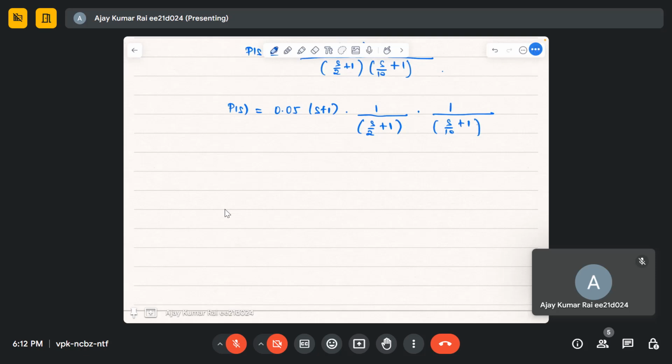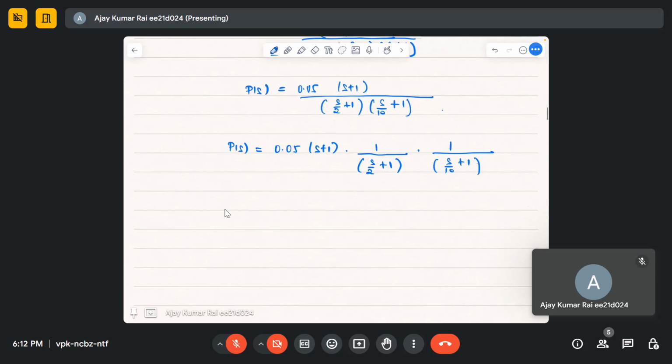I just separated all the individual components. So 0.05 is the constant term, (s + 1) in the numerator is like a zero, and the other two terms are (s/2 + 1) and (s/10 + 1). So we have to find the corner frequencies here.